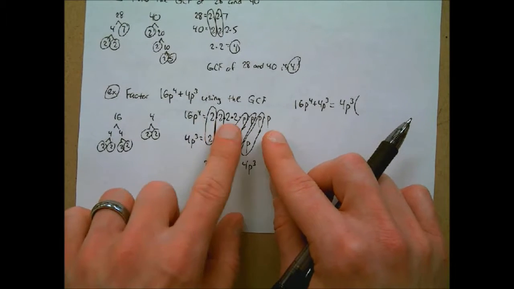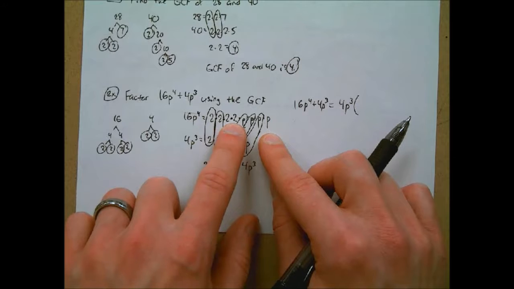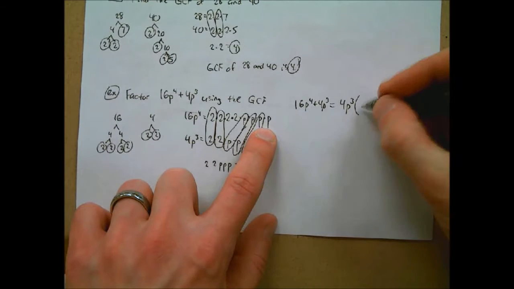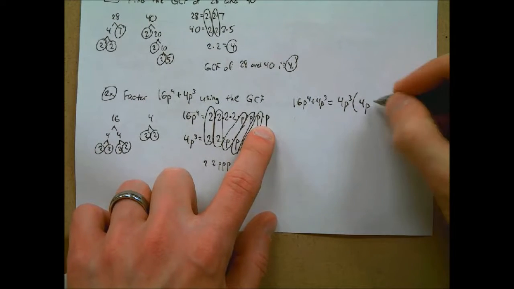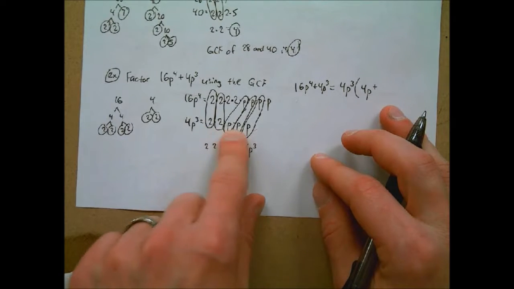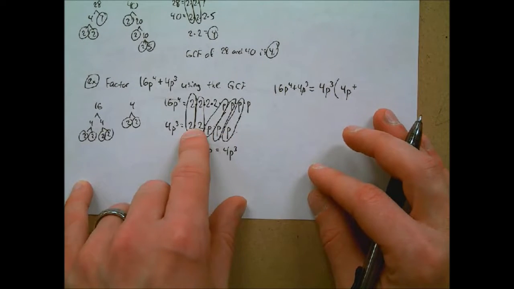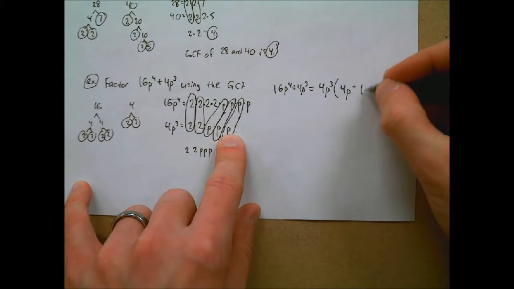I have two 2's and a p. What's 2 times 2? 4, times p would be 4p. Plus, if I take all these out, there'll be nothing left behind. But remember, when we take it out, I'm dividing. So when I divide all these out, I'm left with a 1.